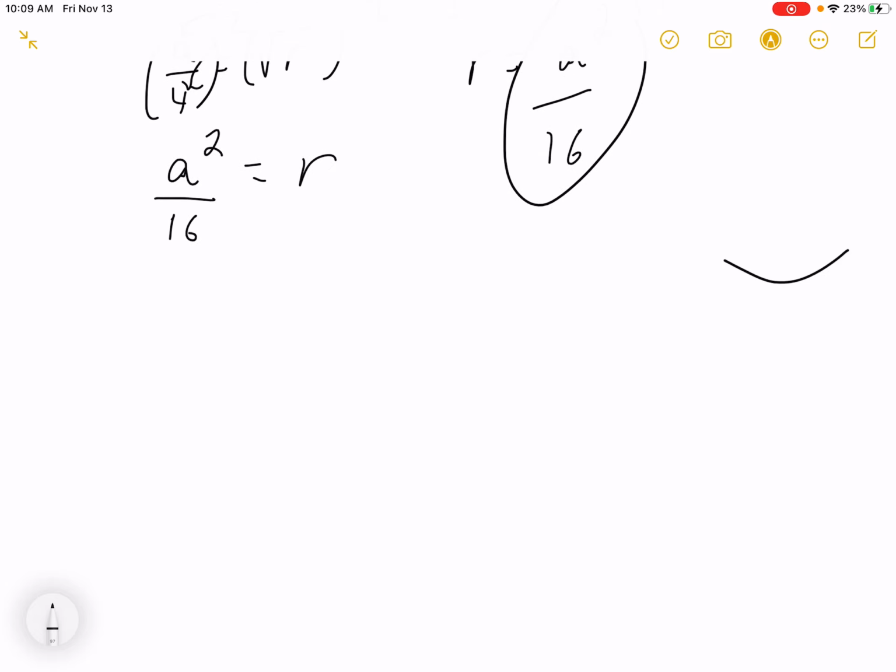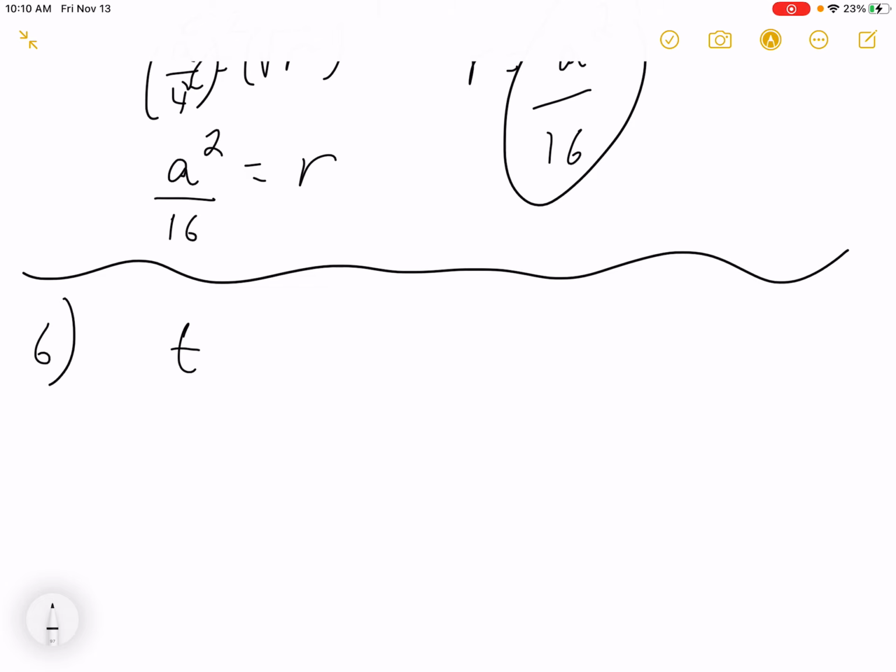All right, number 6 is a word problem. We have this formula t equals 2 square root of L, and t here is time in seconds, and L is the length of the pendulum. So the pendulum takes 5.98 seconds.